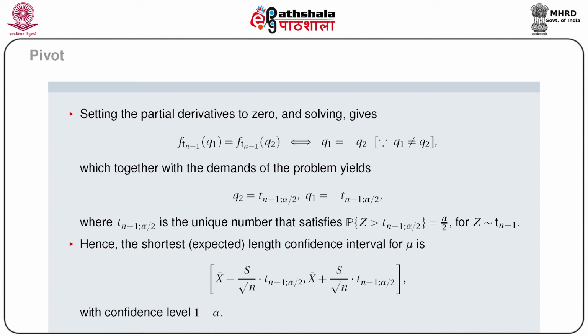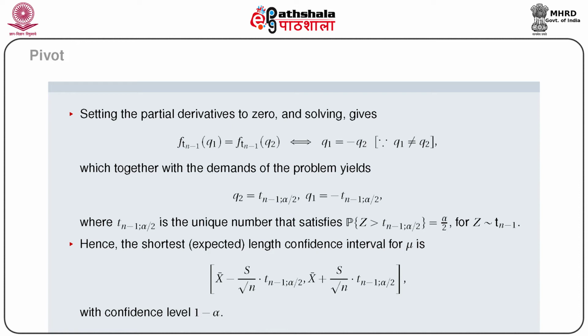By the symmetry of the t distribution about 0, we get q2 equals minus q1, and hence q2 equals t alpha by 2, n minus 1, where t alpha by 2, n minus 1 represents the upper 100 times alpha by 2 percent point of a t distribution with n minus 1 degrees of freedom.